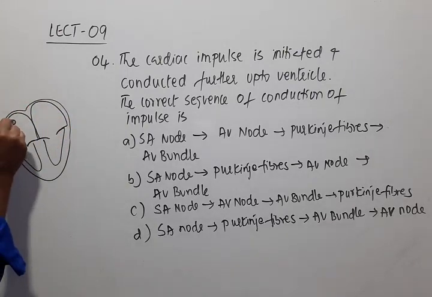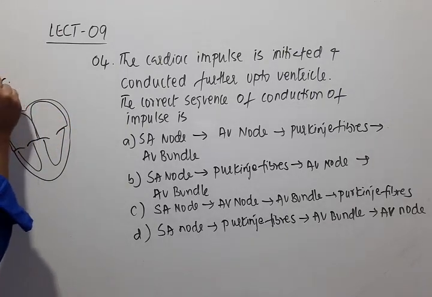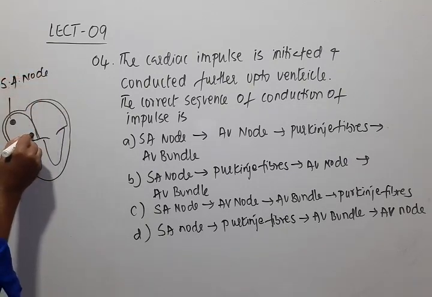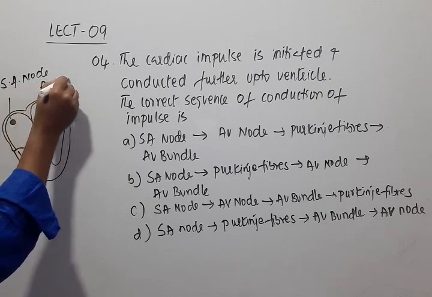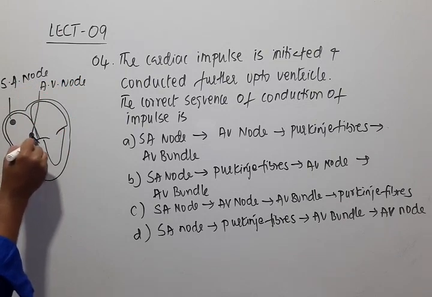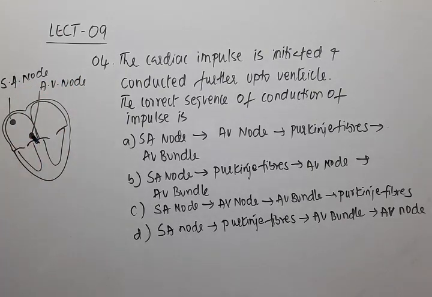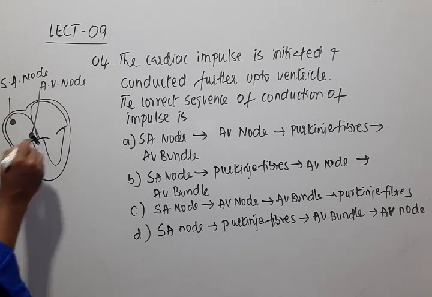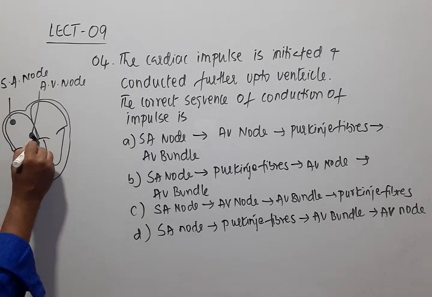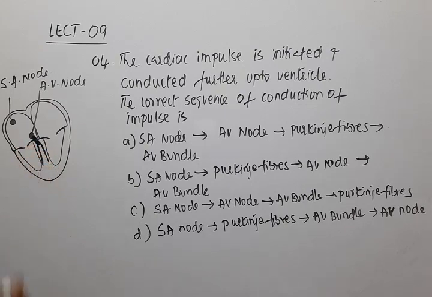Here we have the SA node, that is the sino-auricular node, and here we have the AV node, the auriculoventricular node. Arising from the AV node we have the auriculoventricular bundle. So I call it the AV bundle, and that AV bundle will divide into two branches, the left and right branches.